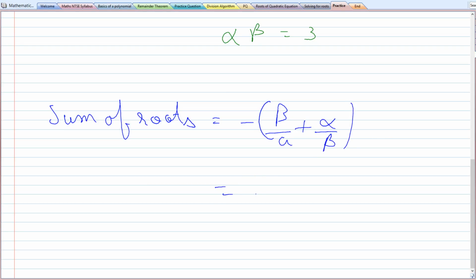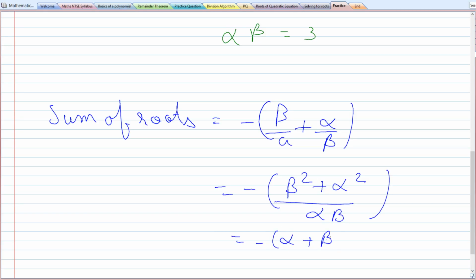This is equal to alpha square plus beta square upon alpha beta, which can be written as alpha plus beta whole square upon alpha beta minus 2.